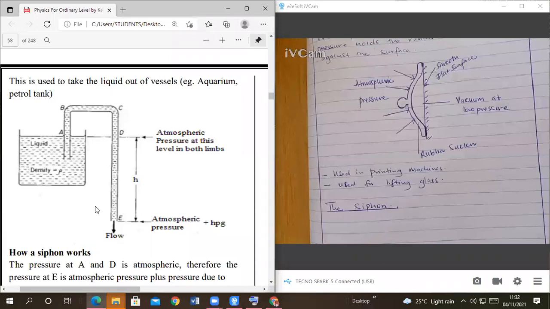The water inside this vertical distance is acted upon by the force of gravitation.